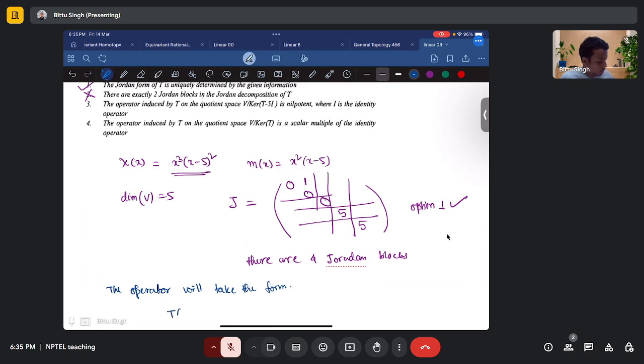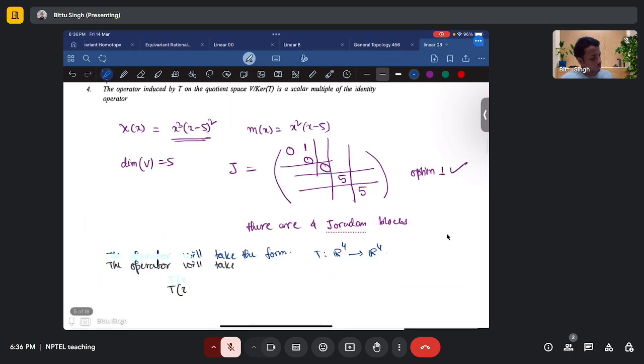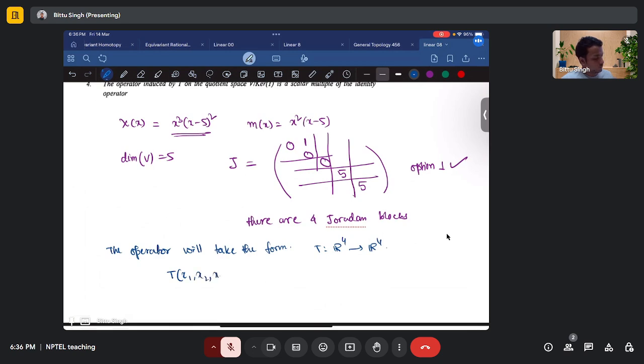So let T be a map from R4 to R4. So T of x1, x2, x3, x4, or maybe use the column notation, then it will be easier. R4 means I am taking an n by 1 matrix. So this is the same as J times x1, x2, x3, x4.